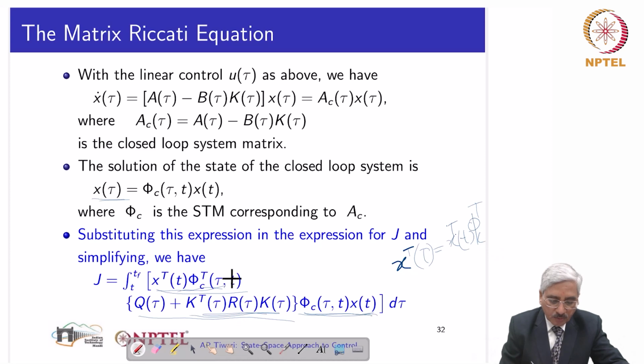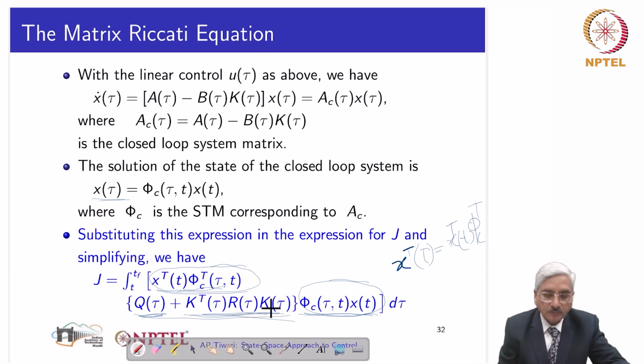So x transpose phi transpose on the left and phi into x on the right come out common, leaving Q plus K transpose RK in the middle. That J changes to this.